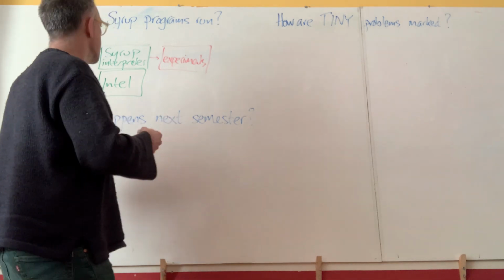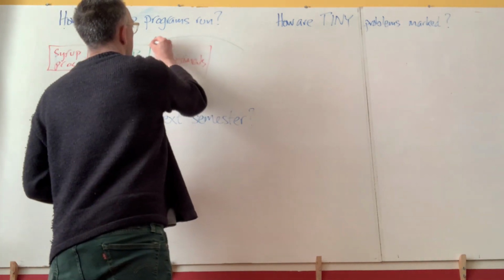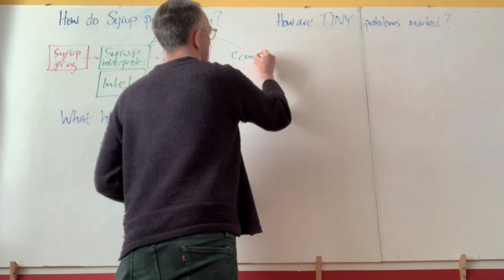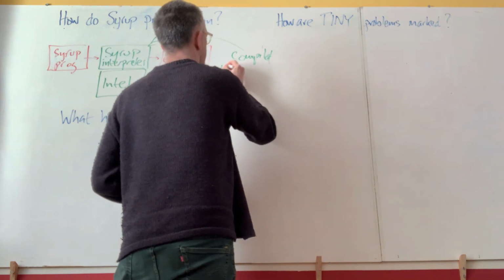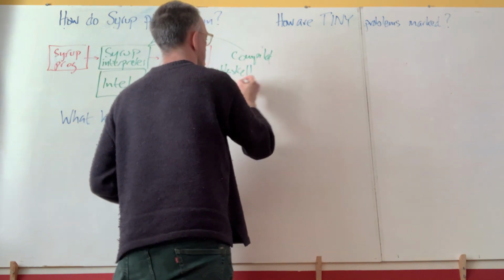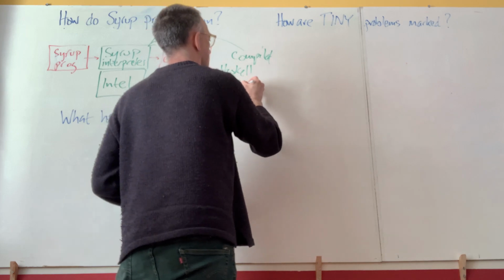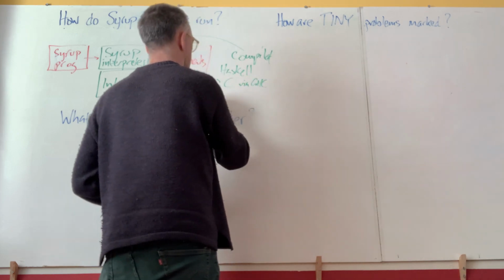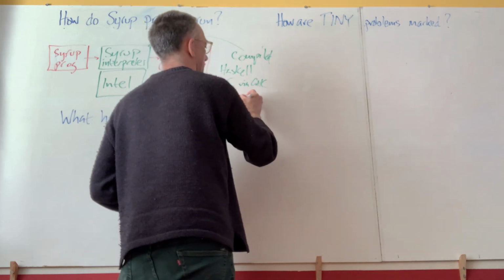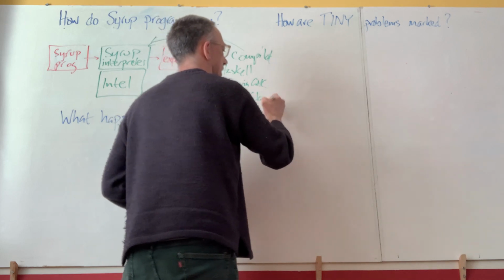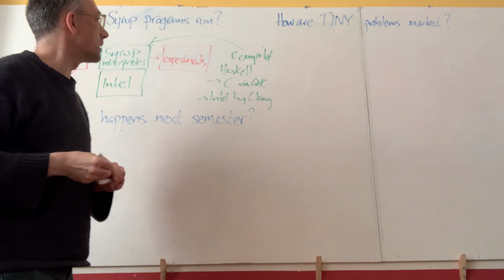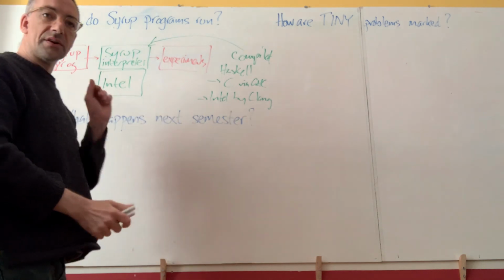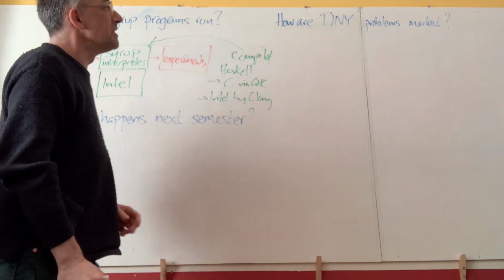So this is compiled from Haskell to C via GHC and then to Intel by a C compiler called Clang. So that's how Syrup programs run.